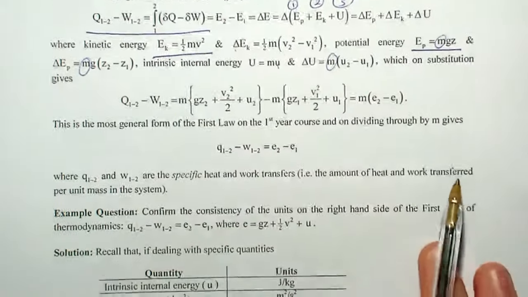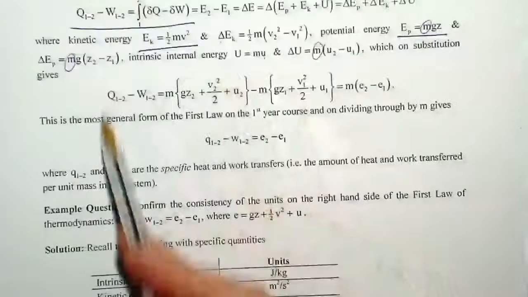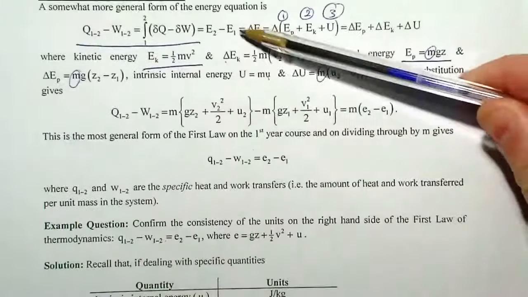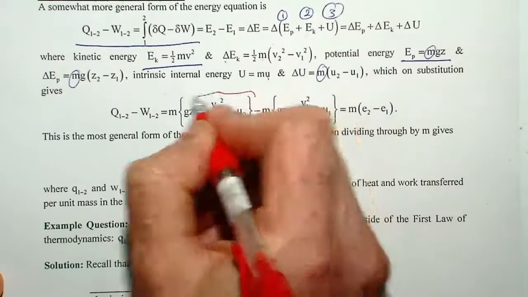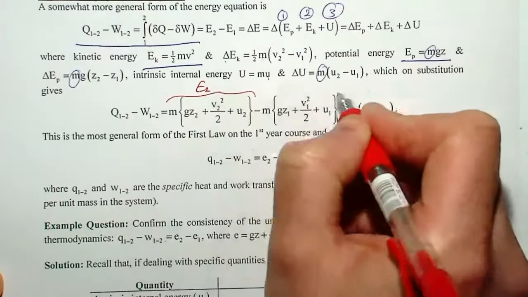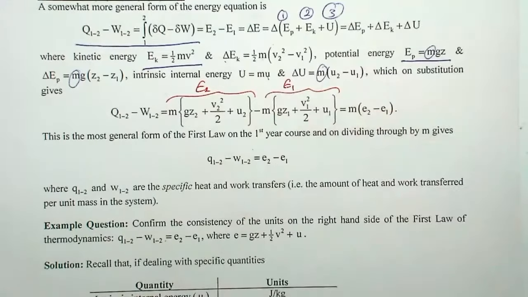So let's just summarize all these and then expand the equation that we started with. I'm now going to change E2. This is E2, and this is E1 in an expanded format. And I can write this with a small e, because small e represents the specific internal energy. The only difference being the mass again.